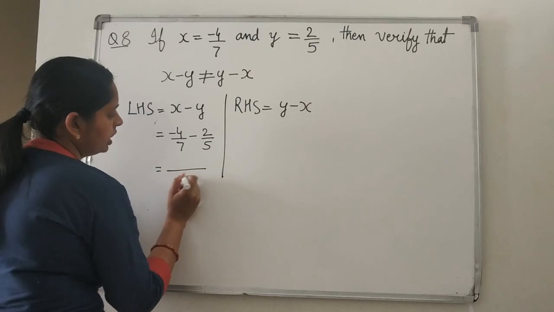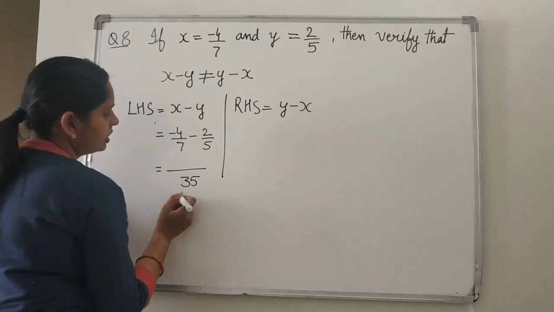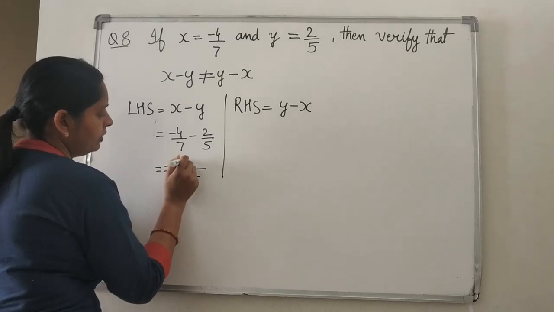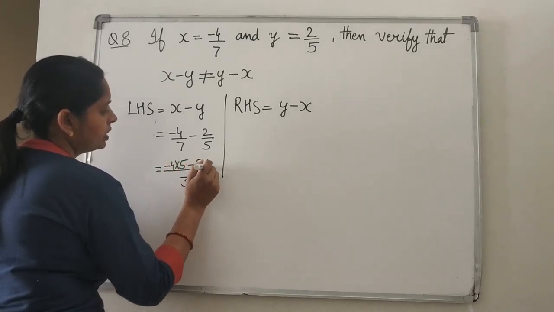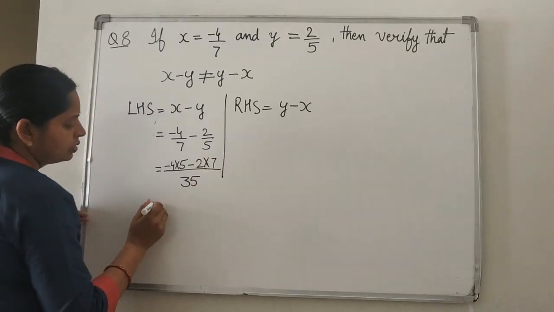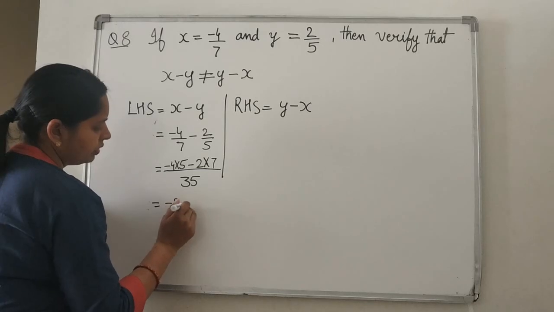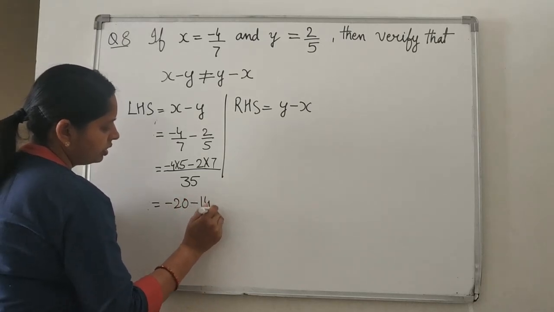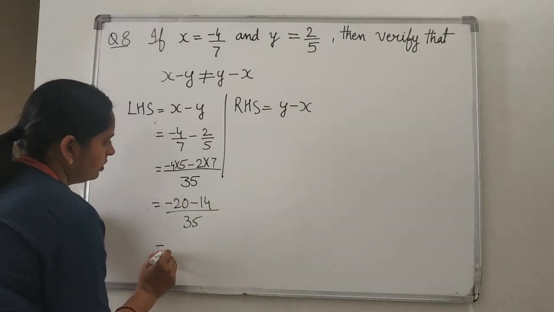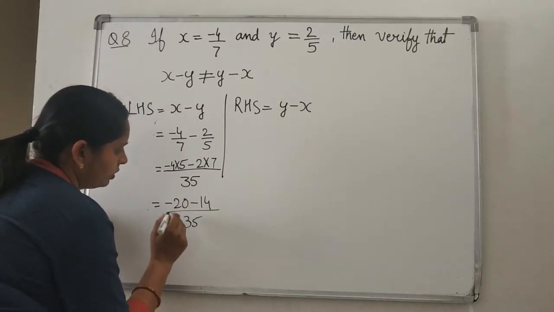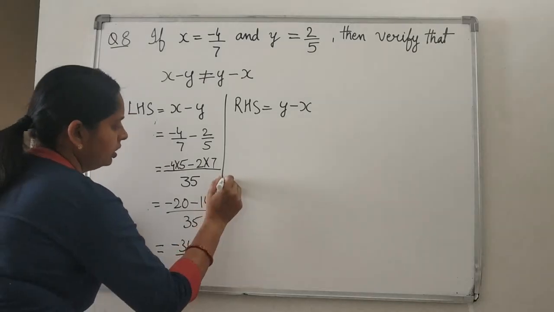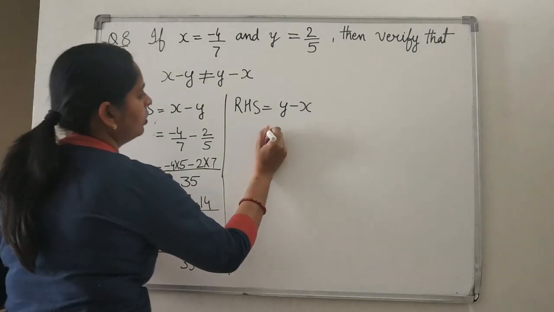So we have to take the LCM. 7 5s are 35, the LCM. In the numerator we get minus 4 multiplied by 5 minus 2 multiplied by 7. So we got minus 20 minus 14 upon 35. Both are negative, so minus 34 upon 35. In the right hand side, see y minus x.